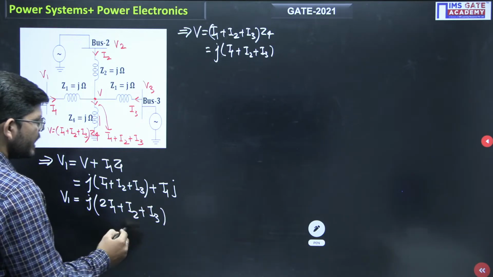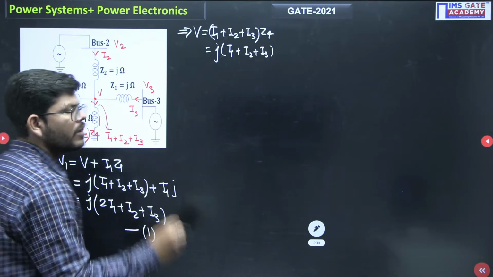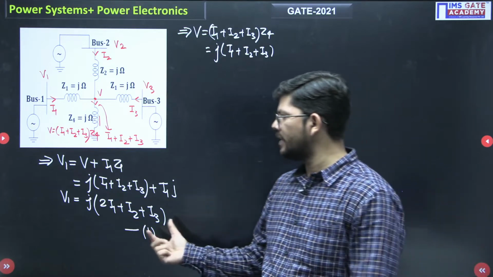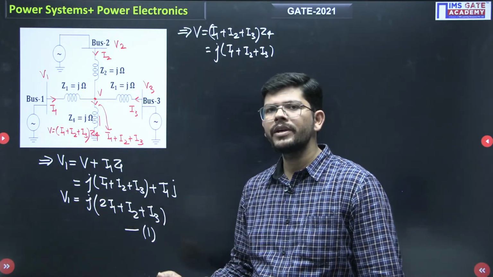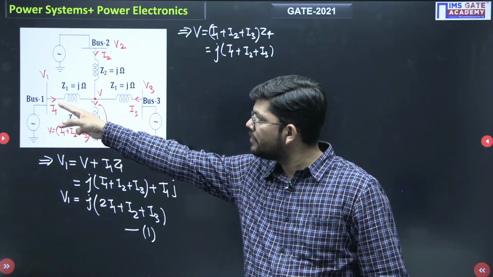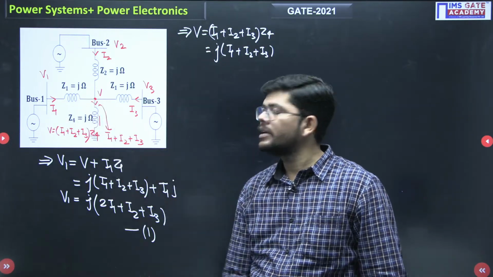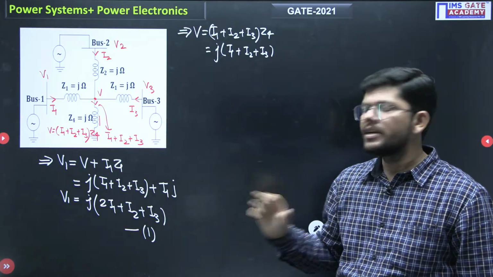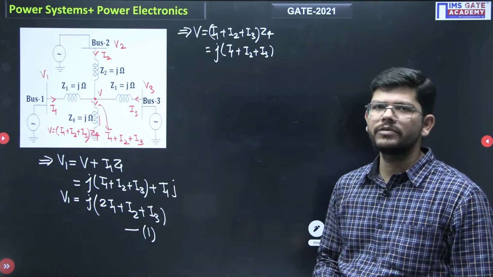This is V1. Let me call this equation number 1. Is that clear to everyone? Did you get how we found the voltage V1? Just by applying KVL, V1 equals V plus I1 into Z1, and V we have already calculated. So if you put the value, you will get this.